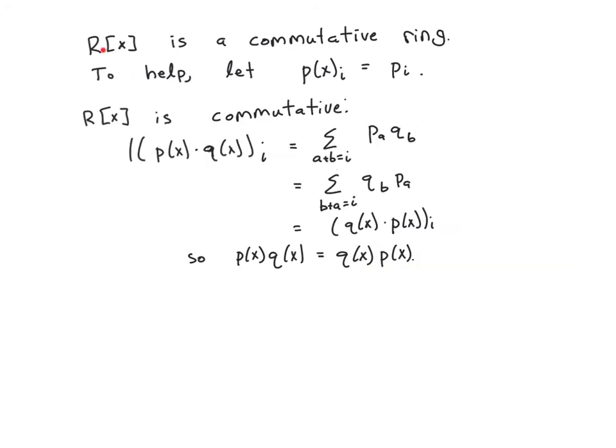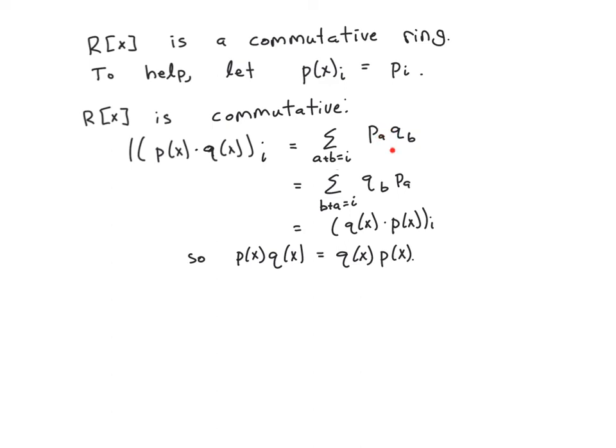And then we still need to show that you have distributivity and commutativity. So here's commutativity. If I compute the ith coefficient of the product of two polynomials, my shortcut formula is that it's the summation over all ways to write a plus b equals i, of the ath coefficient of the first polynomial times the bth coefficient of the second polynomial.